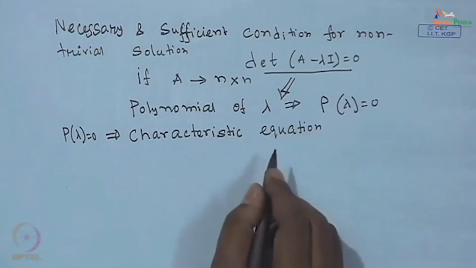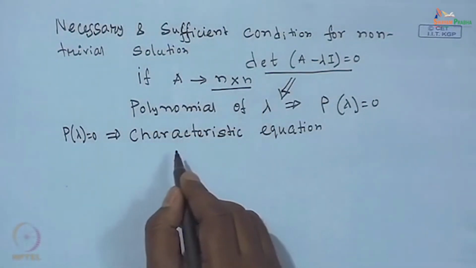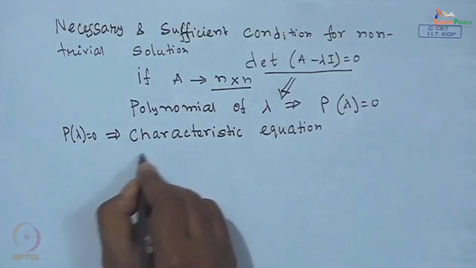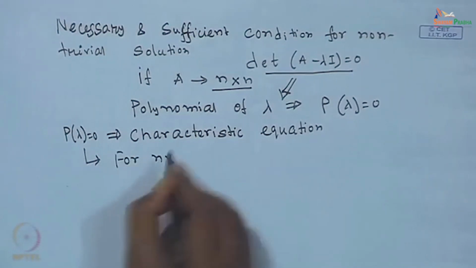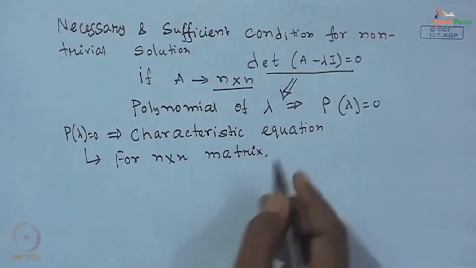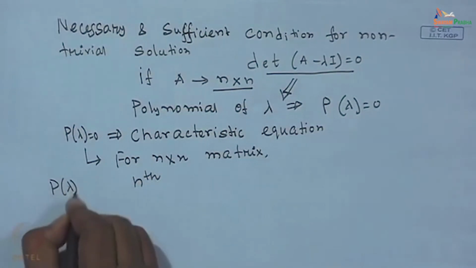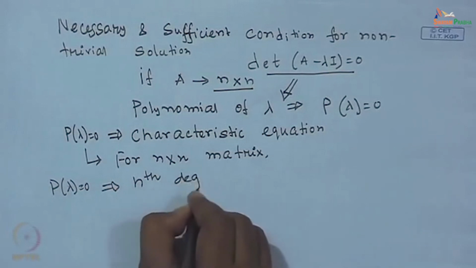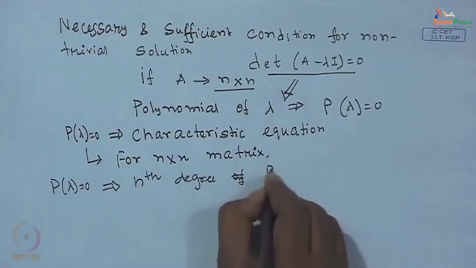For a square matrix n into n, the degree of this polynomial is n. So, p of lambda is equal to 0 becomes an nth degree polynomial.